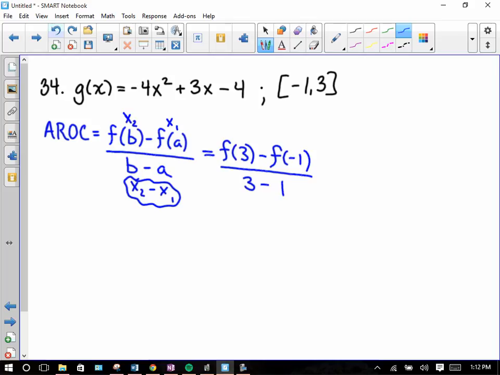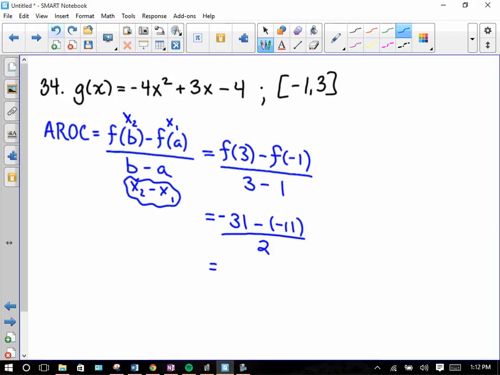So g of 3, again, all you're doing here is plugging 3 into that function. f and g, whatever, it doesn't matter. It's going to be negative 31 minus, now plug negative 1 into that, I get negative 11. Divided by 3 minus 1, which is 2.